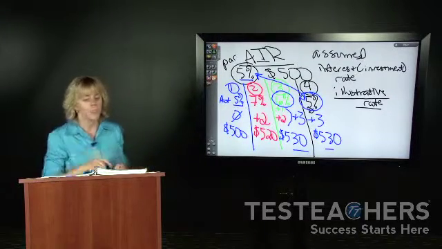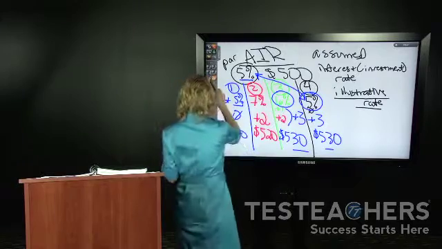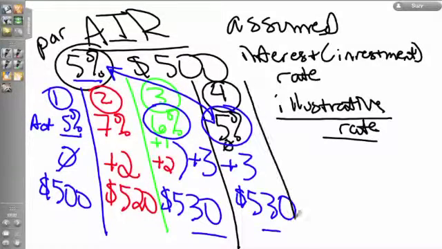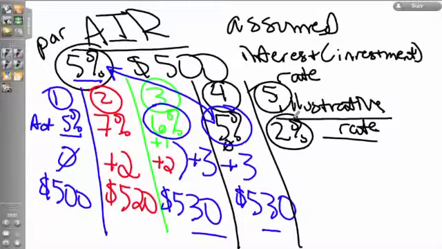Okay? So now in the 5th month, the actual earnings are 2%. So 2% versus the AIR of 5 is minus 3. We were plus 3. So now we're back to 0, and now we're back to $500.